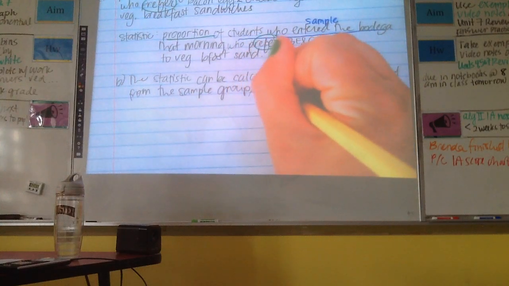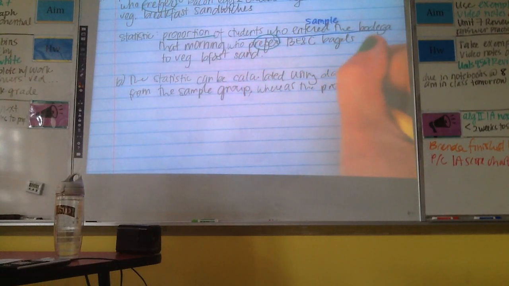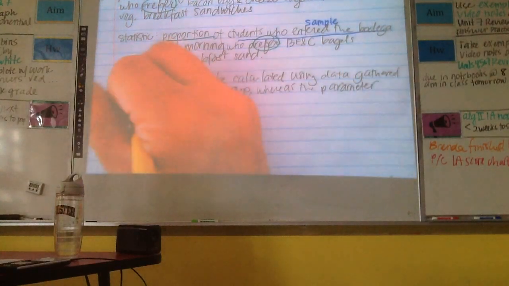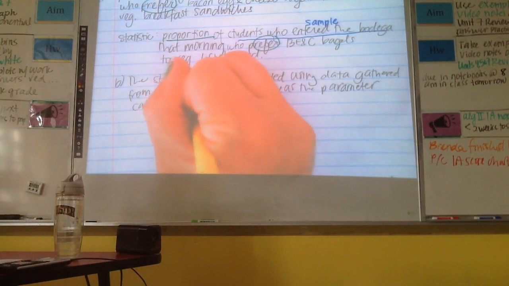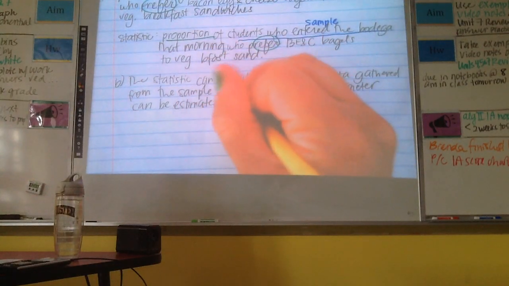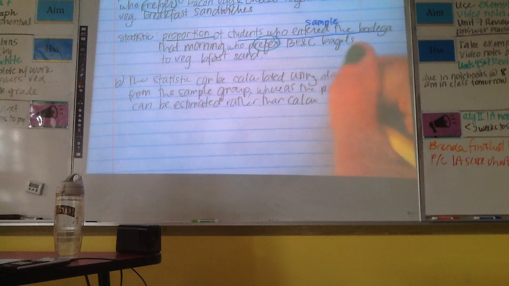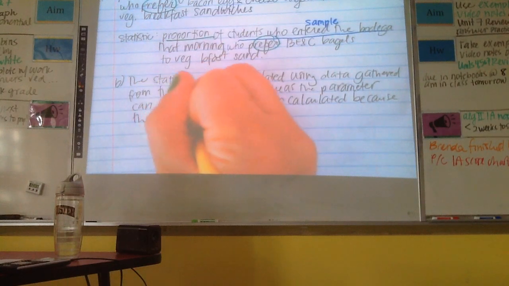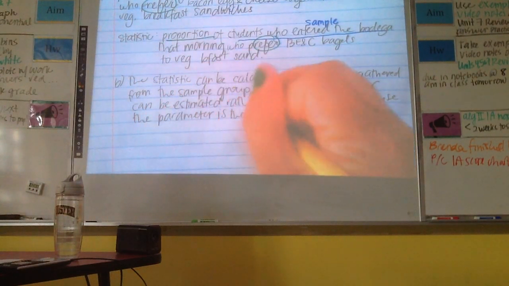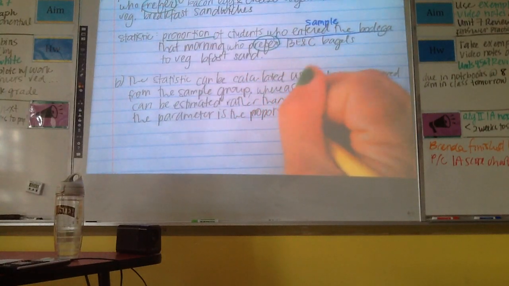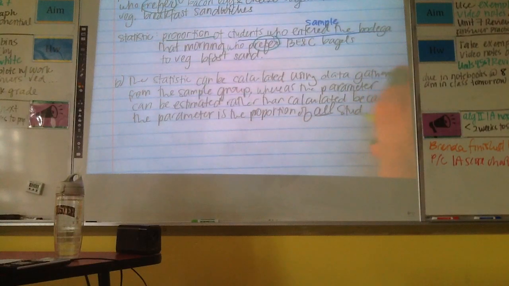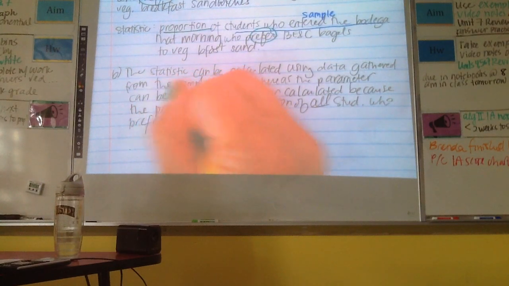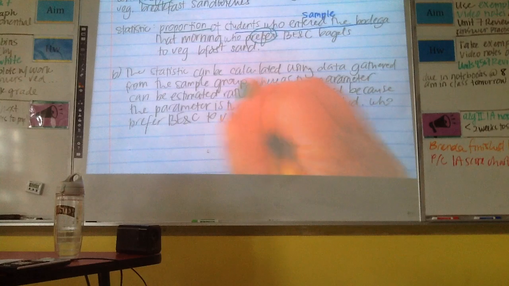Whereas the parameter can be estimated rather than calculated, because the parameter is the proportion of all students who prefer bacon, egg, and cheese to vegetarian breakfast sandwiches.